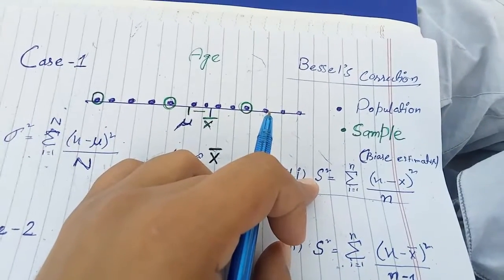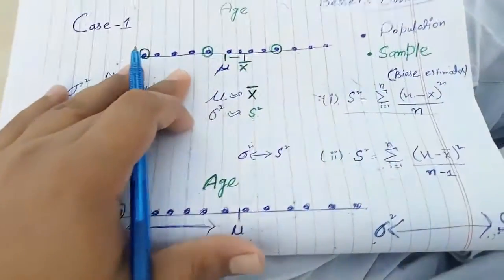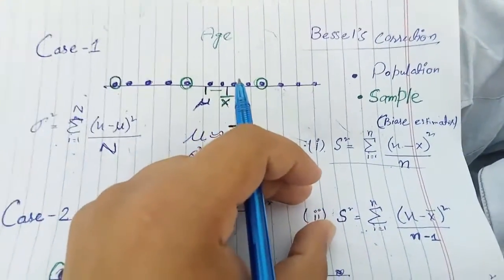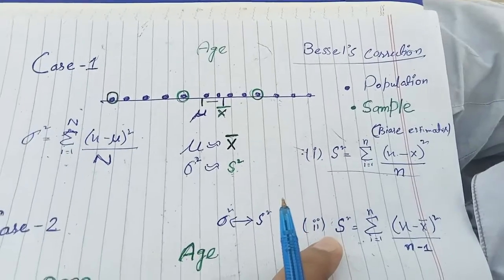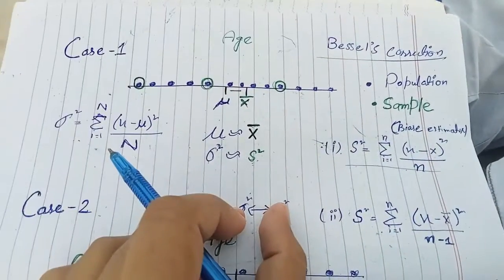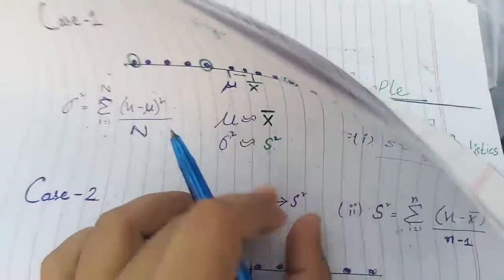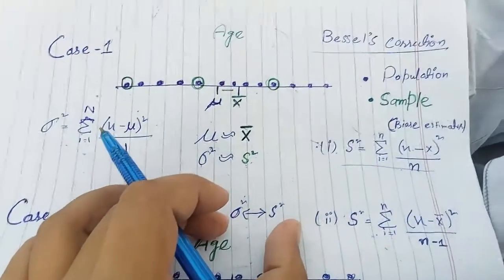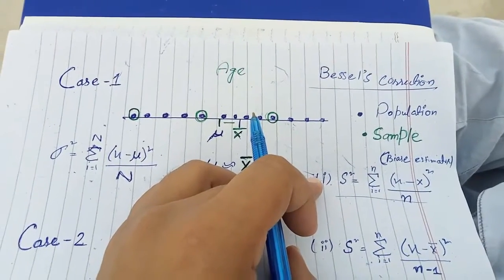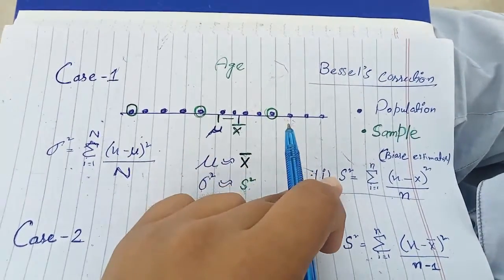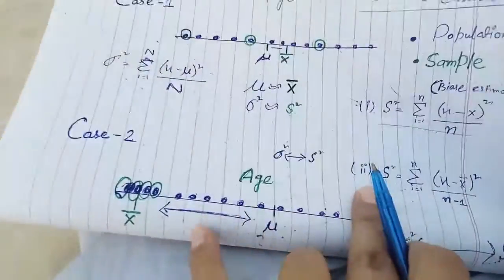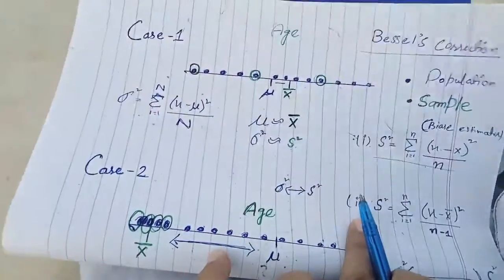So that is why we use this formula, and the difference is very small. When we calculated the sample variance with the other formula, the difference was very huge in case 2, right?